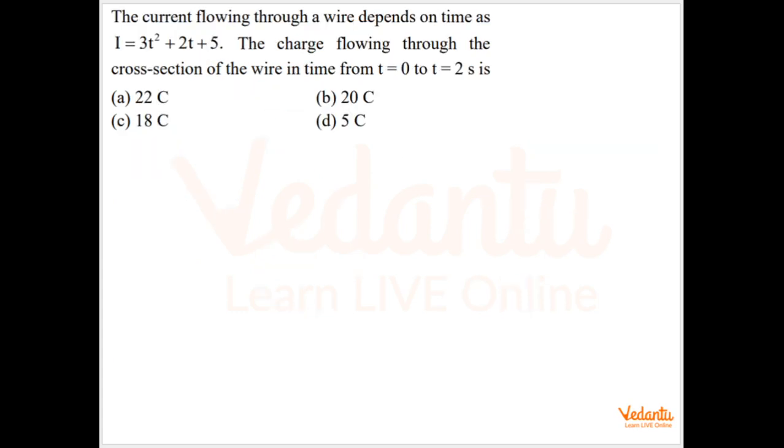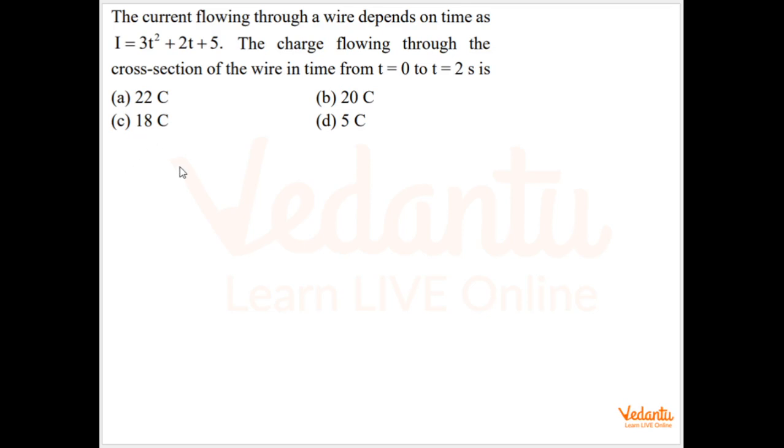In this question beta, the current flowing through a wire depends on time as I is equal to 3t square plus 2t plus 5. We have to find the charge flowing through the cross section of the wire from t is equal to 0 to t is equal to 2 seconds.